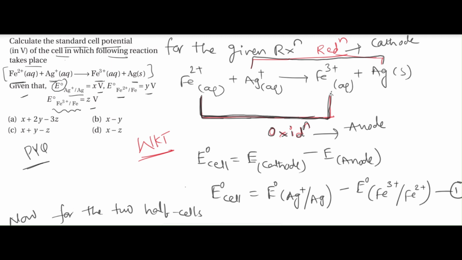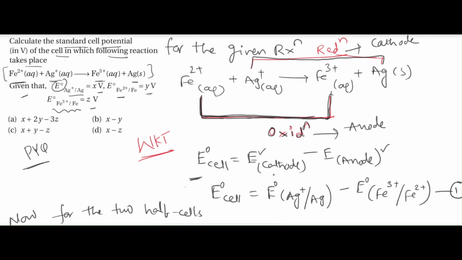After sorting out the reduction and oxidation reactions, now I am writing the standard cell potential formula. We know the formula is E cathode minus E anode. That means the potential of the reduction reaction, which takes place at the cathode, minus the potential of the oxidation reaction, which takes place at the anode. Now according to the data, I am substituting in this formula.